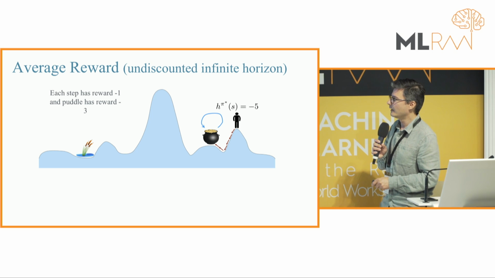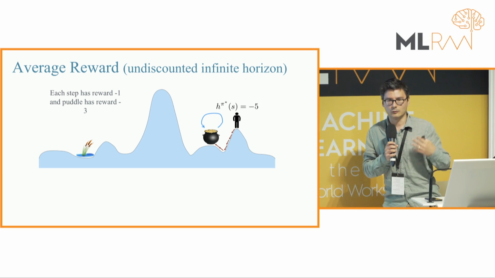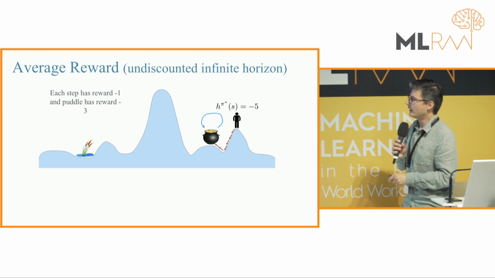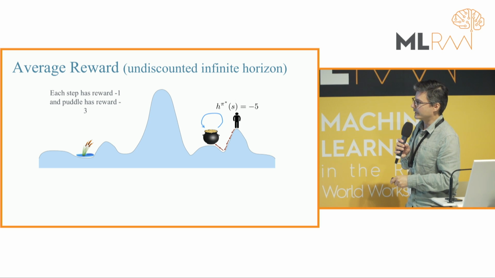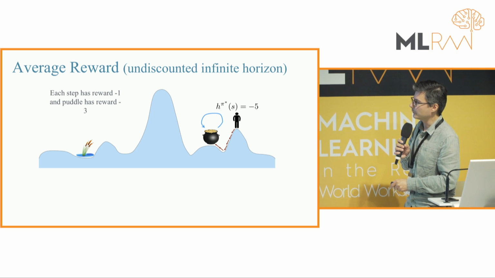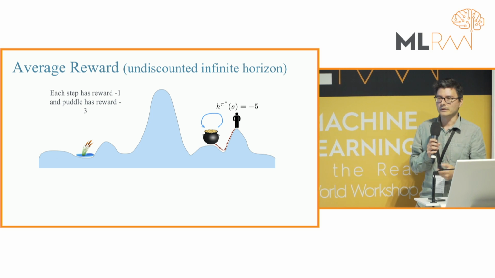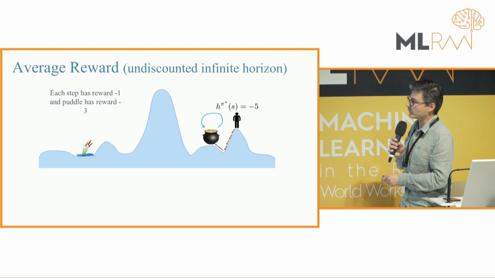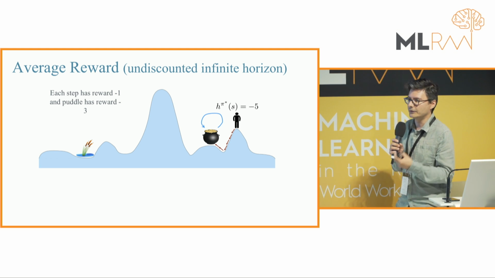If I stay here forever, let's say that I accumulate a reward of 0 just to make it a baseline. In order to get there, under the optimal policy, I need 5 steps, which means that the difference between the reward that I could get if I started from here and the reward that I actually obtained starting from here differ by these 5 units of reward.